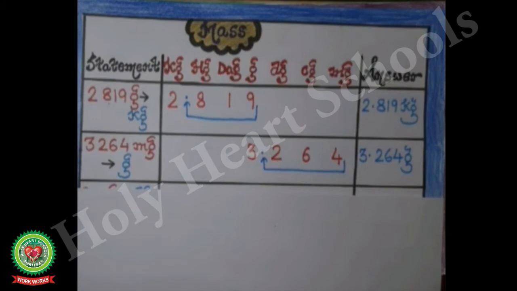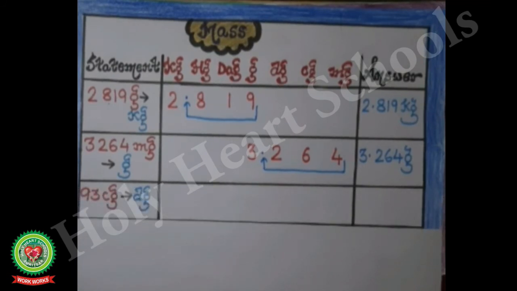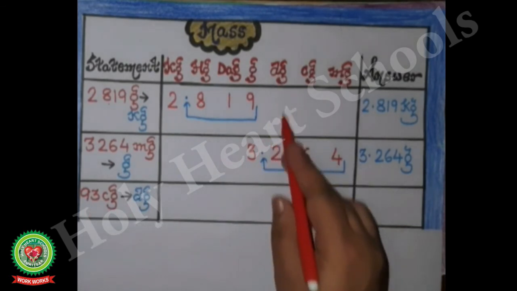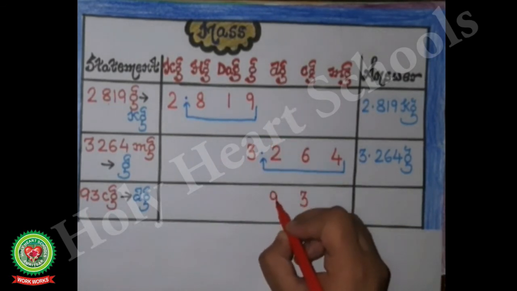Now, let's take example number 3. 93 centigrams, and we have to convert it into decigrams. Now the statement is given in centigrams. So that means we will start writing numbers from centigram. So 3 will come under centigrams, 9 under decigrams.